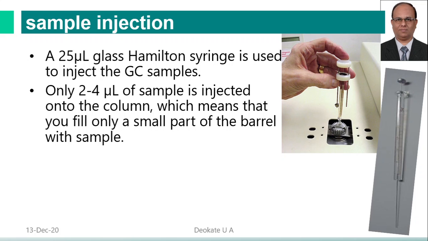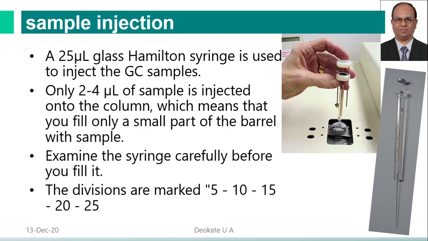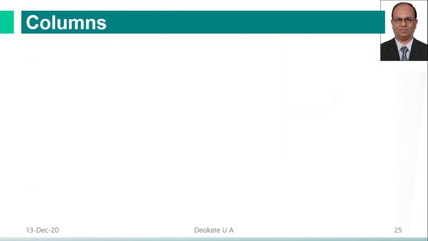Only 2 to 5 microliters of sample is required to be injected into the column, which means that you fill only a small part of the barrel with the sample. Before you inject the sample, you have to see the markings on the syringe, because it is marked for 5, 10, 15, 20 or 25 microliters. You have to check the least count of the syringe which you are using for injection of the sample.